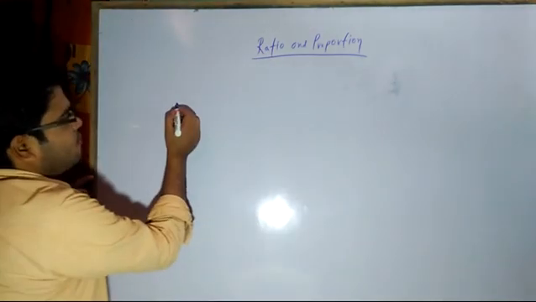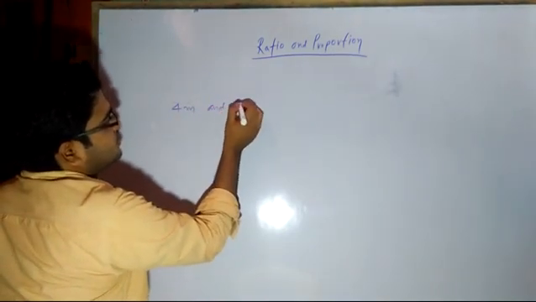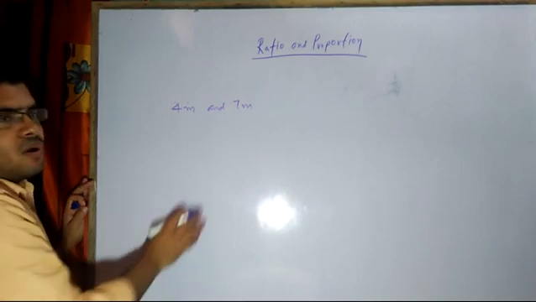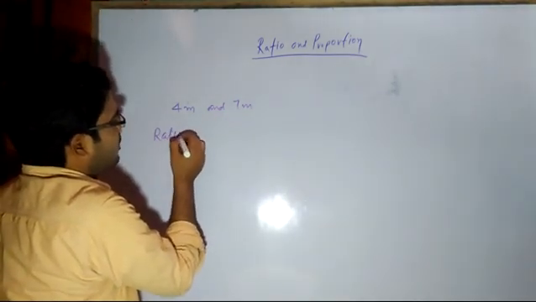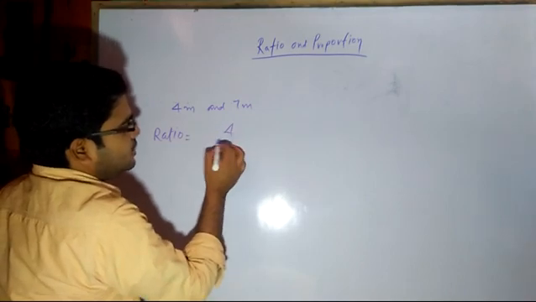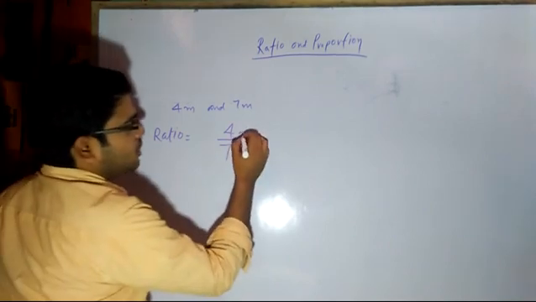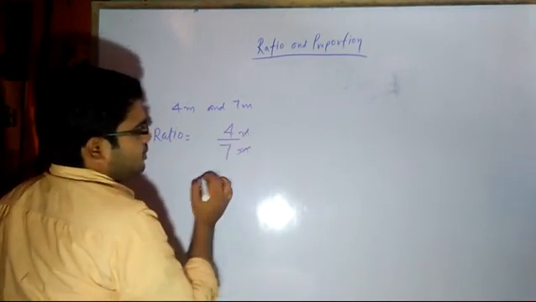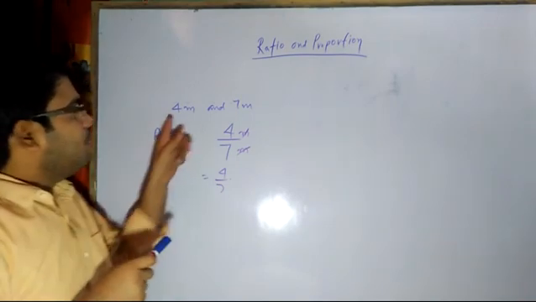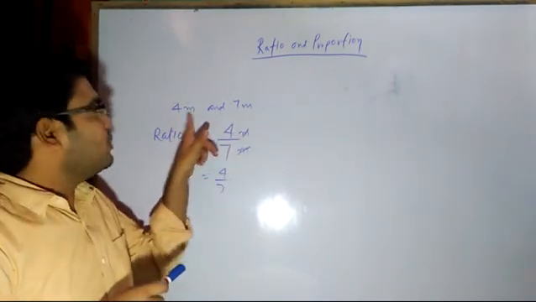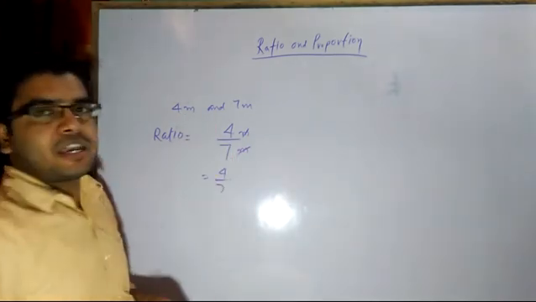Suppose I say 4 meter and 7 meter. Then what does this mean? If I have to write it in the form of a ratio, it will be written as 4 by 7. The quantity is meter, so the meters cancel, leaving 4 by 7. If I ask how much bigger the second part is, or how much smaller the first part is, their difference gives me the comparison.